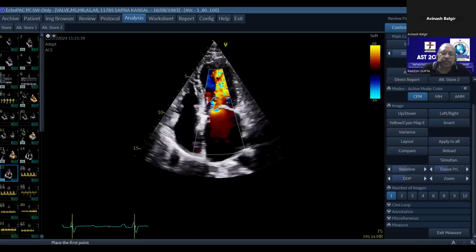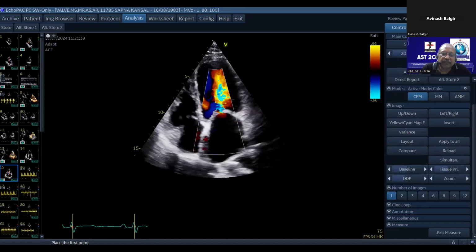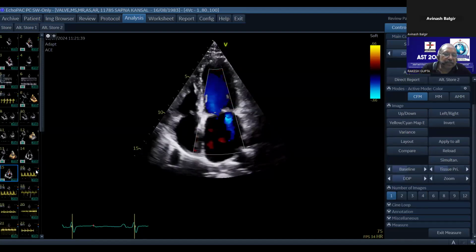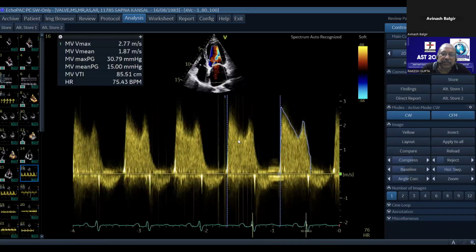Once you put a pulse wave, you will find a Doppler spectrum pattern with a tall E wave, which shows significant aliasing. Then you switch over to continuous wave Doppler and planimeterize this continuous wave Doppler.